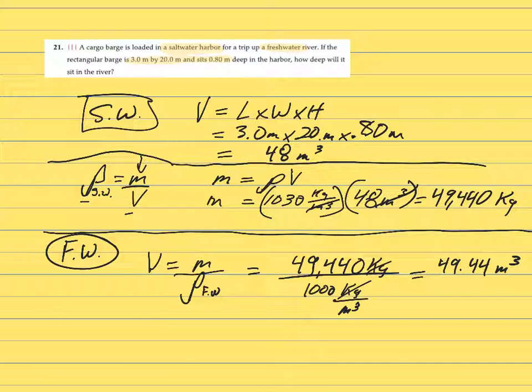So we can go back to volume equals length times width times depth. And I probably called it height before, but we can change it to depth. It's just the same thing with a different name. 49.44 meters cubed. The length isn't going to change. That was probably the 20 meters, right?